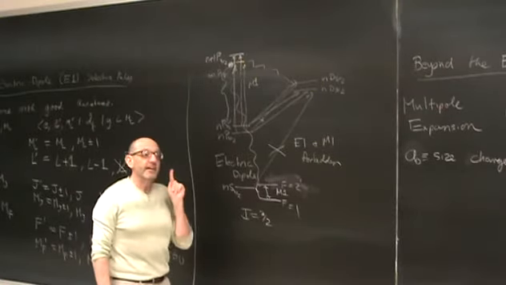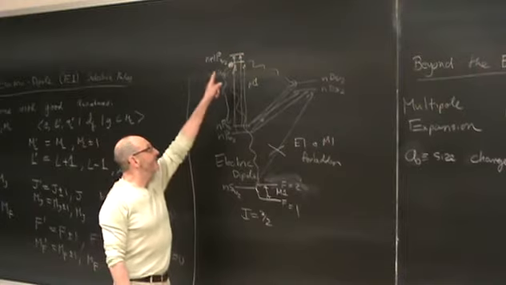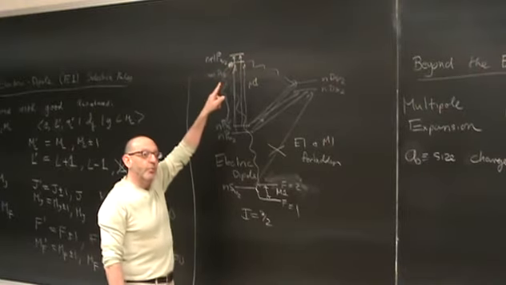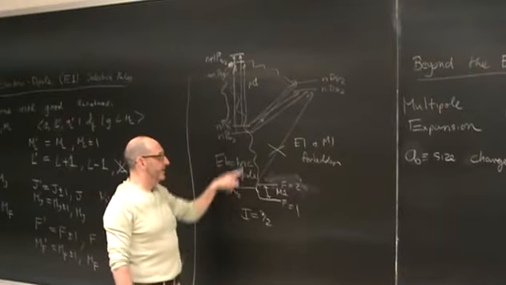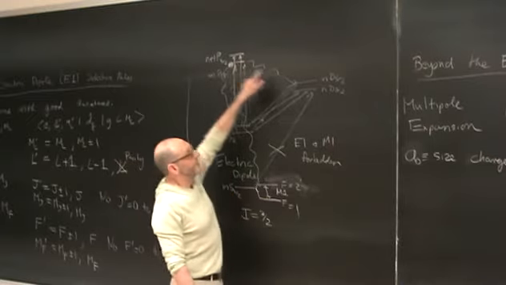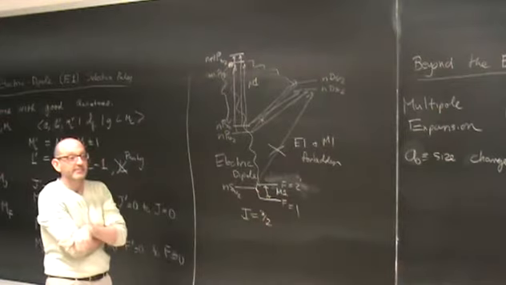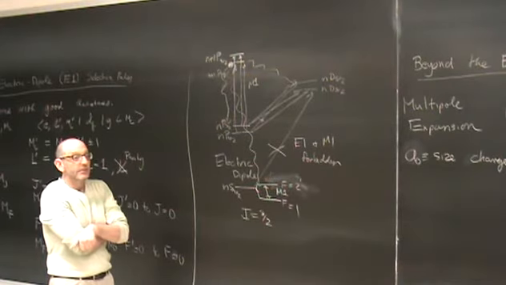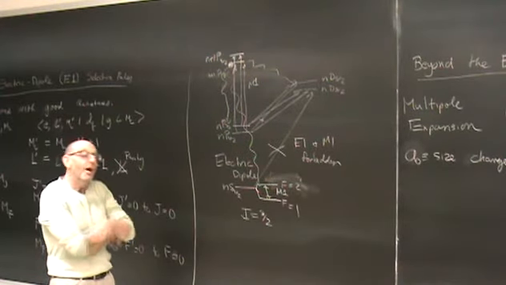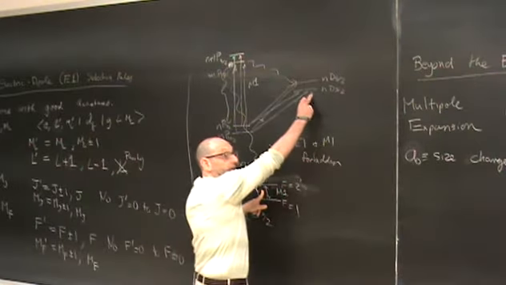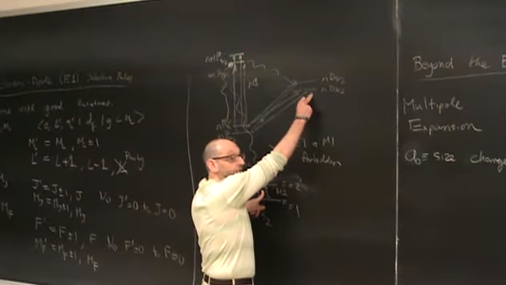Which one do you think is going to be the fastest rate? With what fraction of time will it go back to the ground state versus this state versus this state? Well, both of these are electric dipole allowed, so those are both strong transitions.